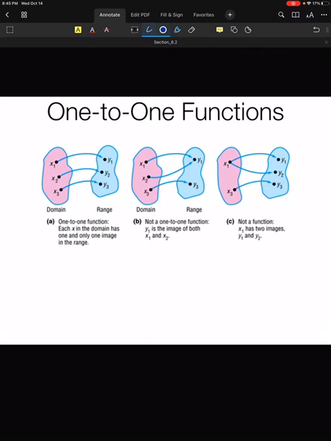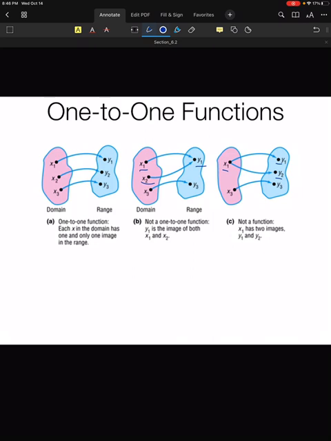Example part B is not one-to-one because both x1 and x2 go to y1, but it is a function because only one x goes to one y. Part A is a one-to-one function, but part C is not a function at all because we have one x going to multiple y's.